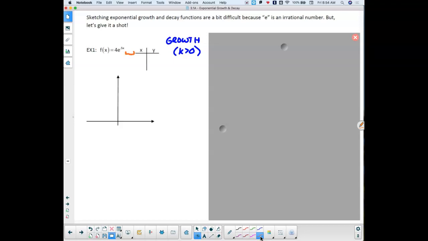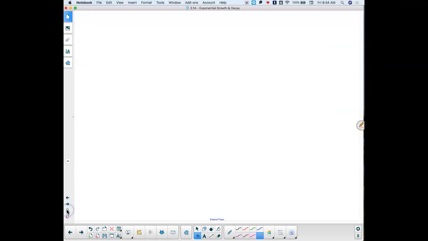Just like yesterday, let me go back a slide here and add this one in. Yesterday we said that if it was f of x equals a times b to the x minus c, then plus d, type of function, where c shifted it horizontally and d shifted it vertically.